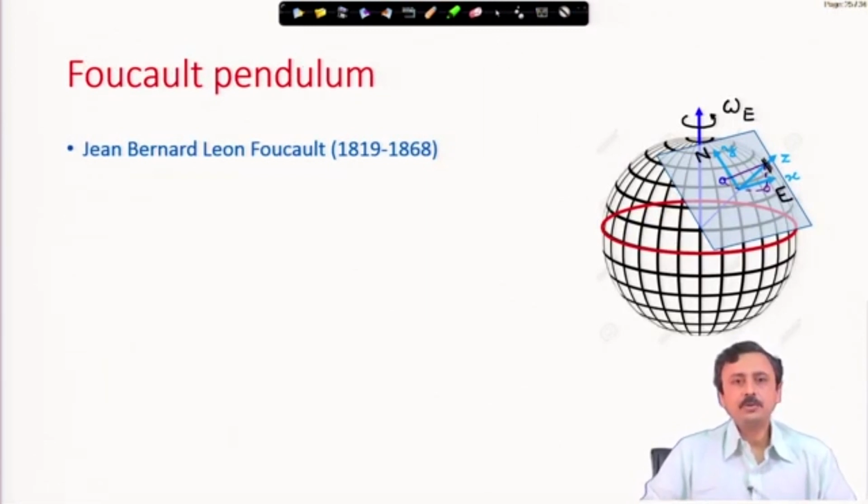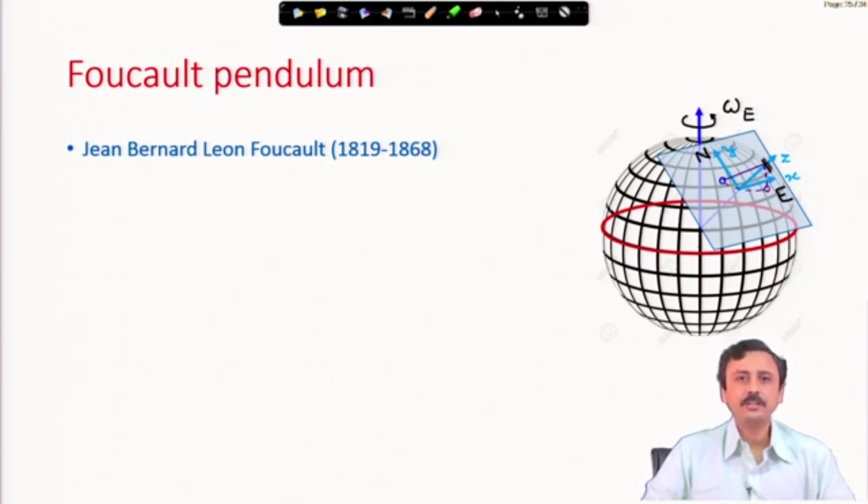Next, we come to this very interesting pendulum which goes by the name Foucault pendulum after Jean Bernard Léon Foucault. The period is 1819 to 1868, not a very long life, but he was the first person to demonstrate the effect of rotation of earth.